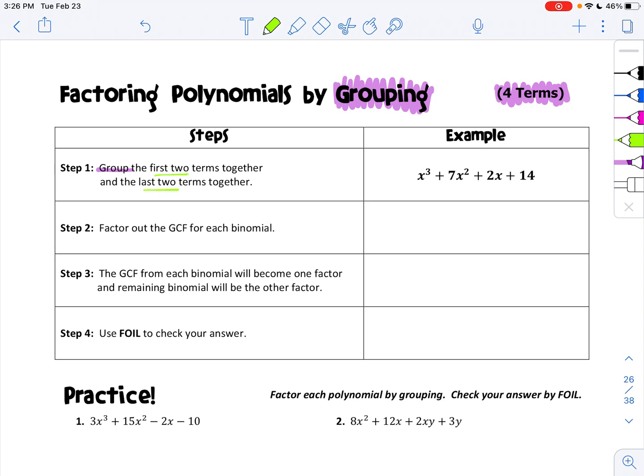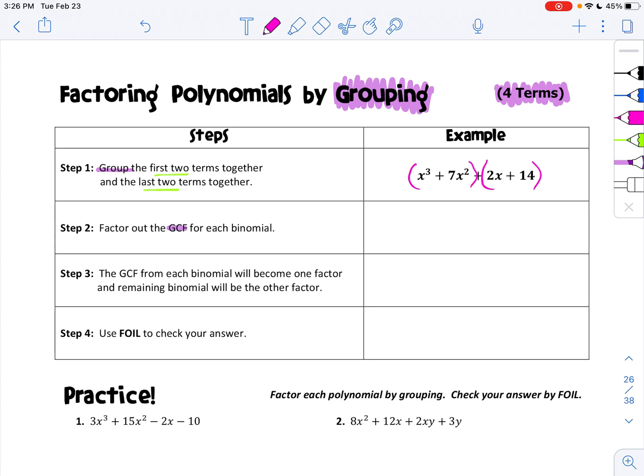So in the example to the right, you would group together x to the third, 7x squared, and then group together 2x plus 14. Once they're grouped together, you're then going to find the GCF for each binomial.